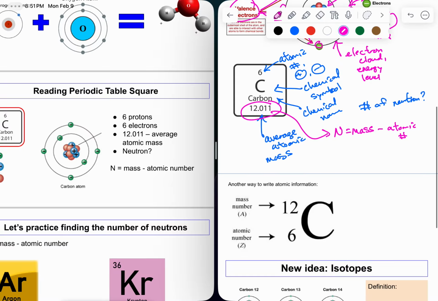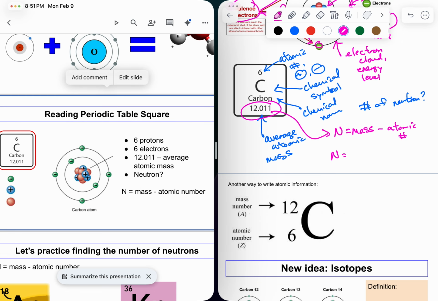So let's do our example here. Here we would have n equals 12 minus 6, since we round the mass to 12. So the number of neutrons is 6. Okay, so that's how we do it.